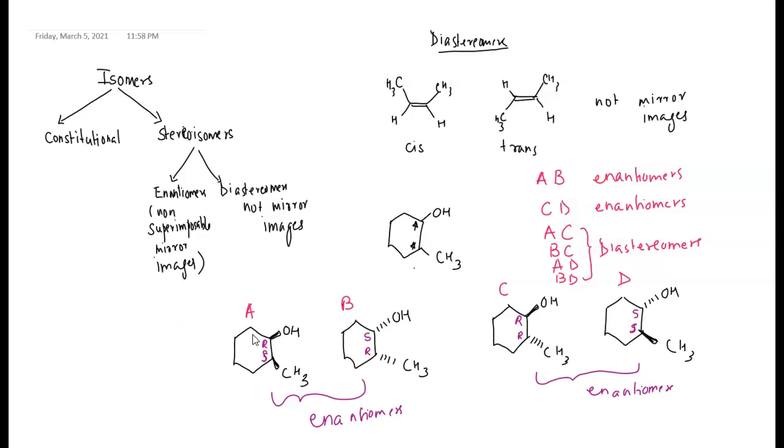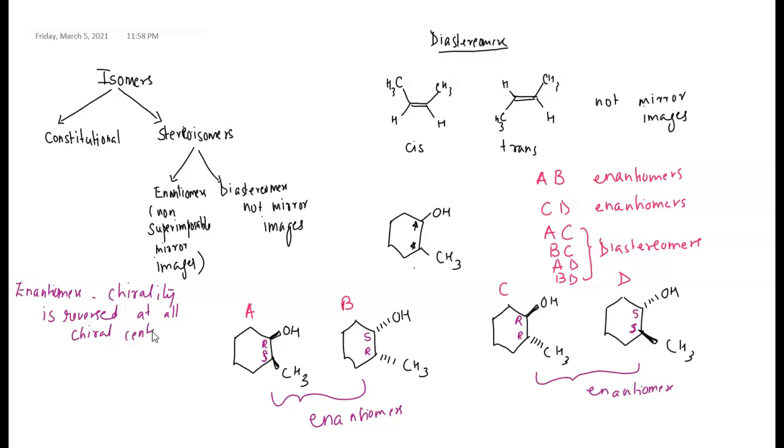So if you look at A and C, which are diastereomers, we have R here and R here, so the chirality did not change there, only S became R. So we can make a conclusion that for enantiomers, chirality is reversed at all chiral centers.